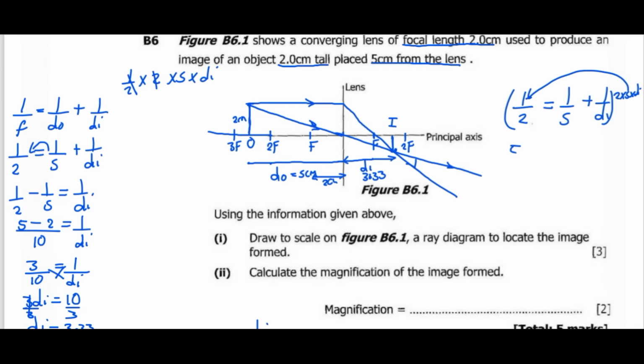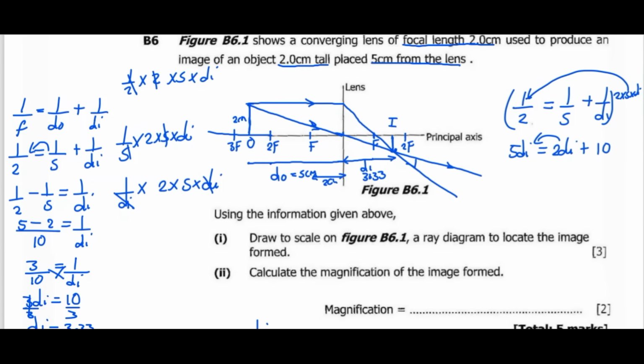We are going to get 5 di. Then 1 over 5 times 2 times 5 times di, this will cancel and give us 2 di. Plus 1 over di times 2 times 5 times di, so this and this will cancel, and will give us 10.